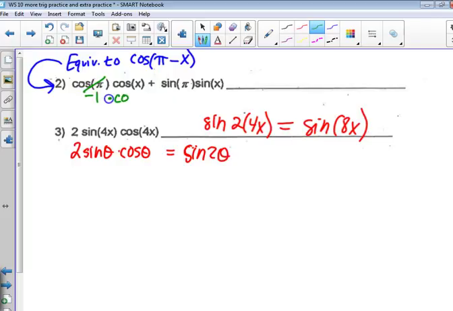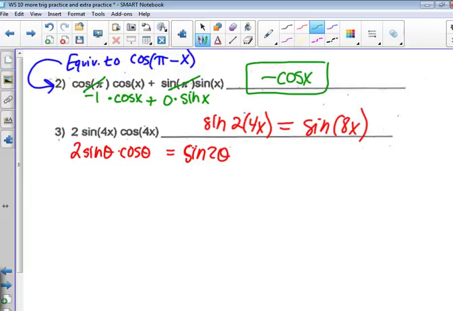Negative 1. And the sine of pi is 0. So what is that all going to simplify down to? I think that particular question is a multiple choice question on the quiz. It might say sine of x, negative sine of x, cosine of x, negative cosine of x, and you've got to pick the right equivalent. All right, so those were good questions to review some quiz concepts.